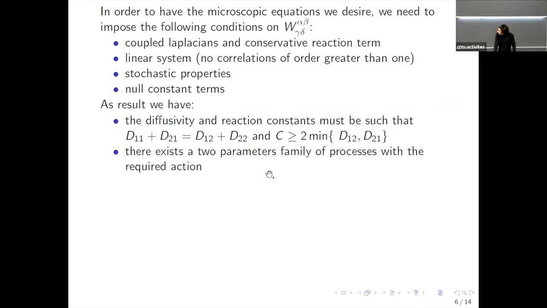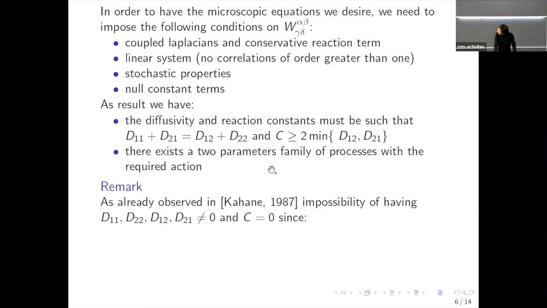Furthermore, we find that there is a two-parameter family of processes that leads to the required action. Two parameters, in the sense that the system we have built by imposing the four conditions is underdetermined: we have more unknowns than equations, and thus we have some degrees of freedom to discriminate these processes, and thus we have a family of processes.